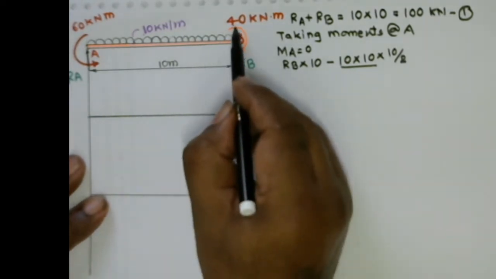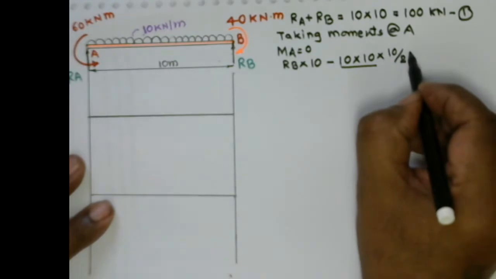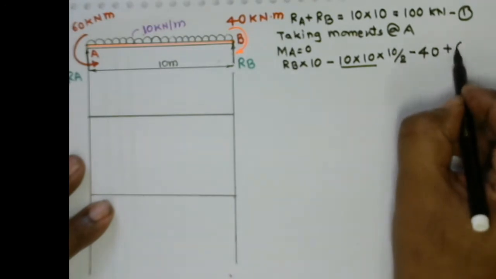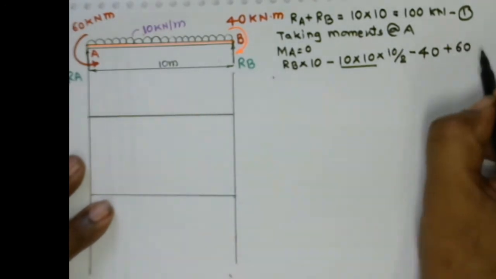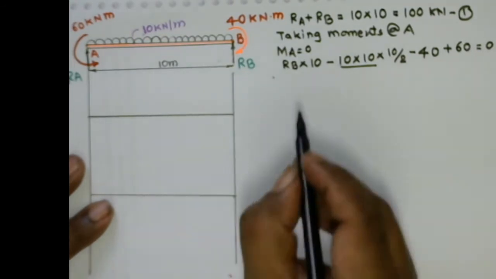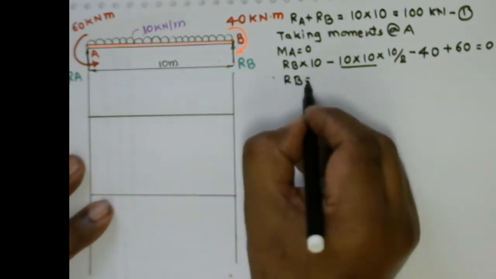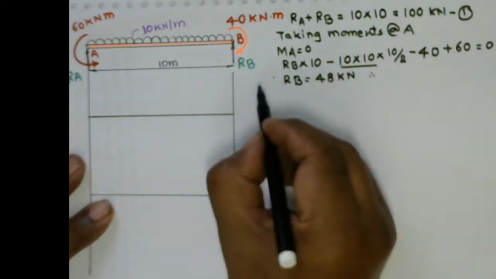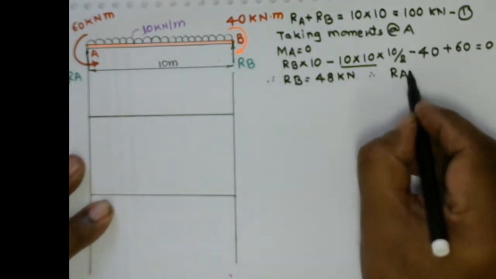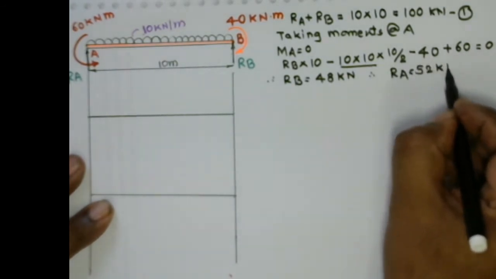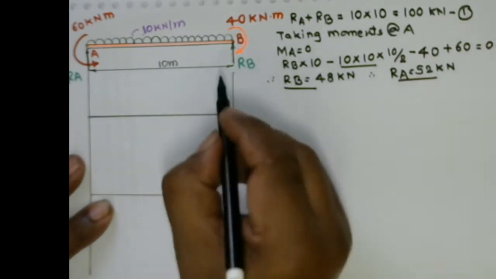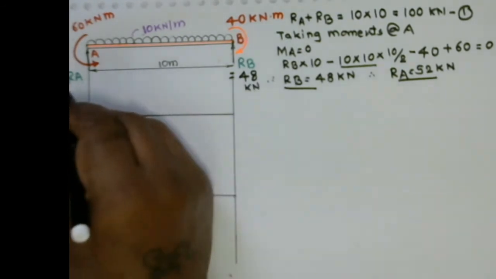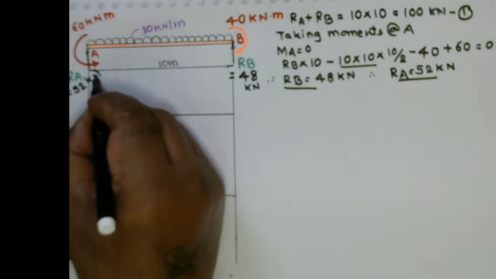Now the 40 kilonewton meter clockwise moment is acting, so minus 40, and at point A the anti-clockwise moment is acting, so plus 60, is equal to 0. So here RB is equal to 48 kilonewton. Put this value in equation number 1, and you will get the value of RA, which is 52 kilonewton. So in this numerical, RB is equal to 48 kilonewton and RA is equal to 52 kilonewton.